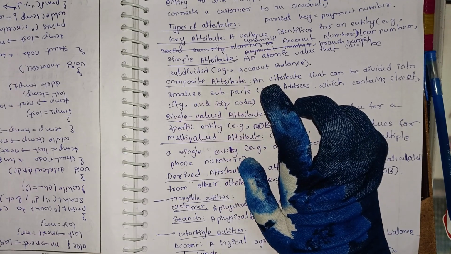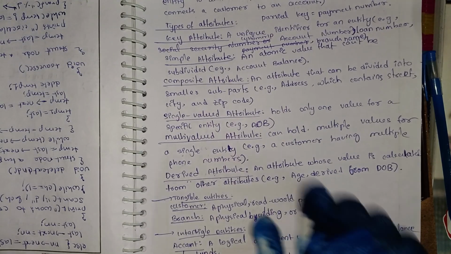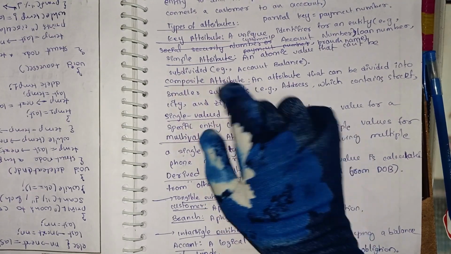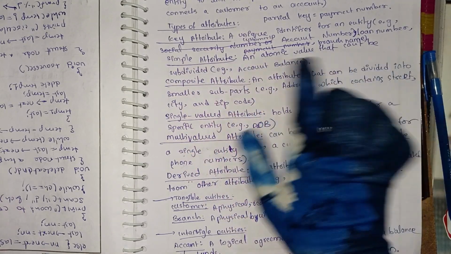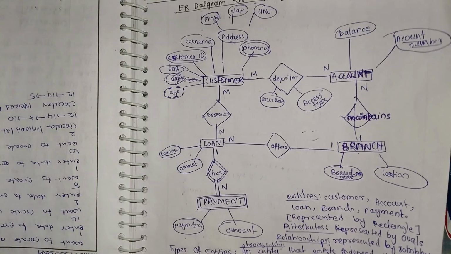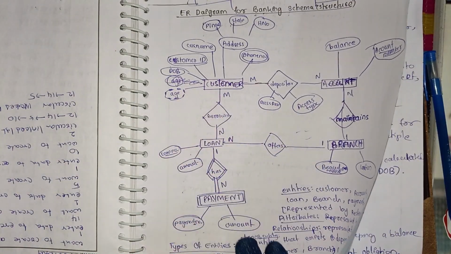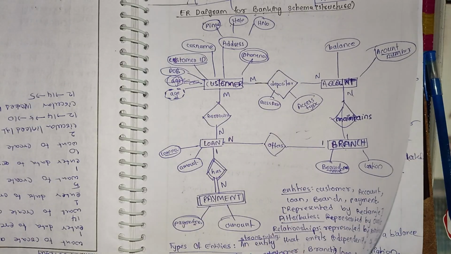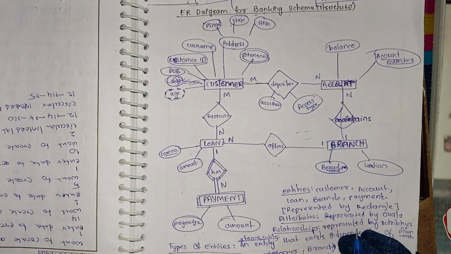If you watch that, then this can be easily understood. A simple attribute is an atomic value that can't be subdivided, meaning a table can't hold a list or array of data.